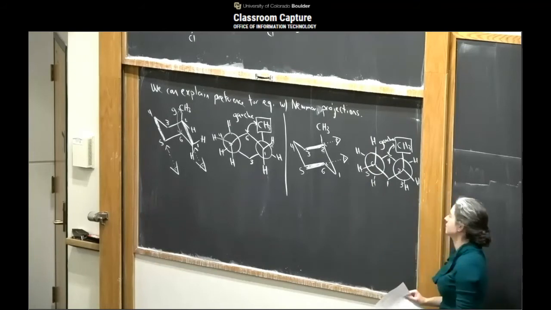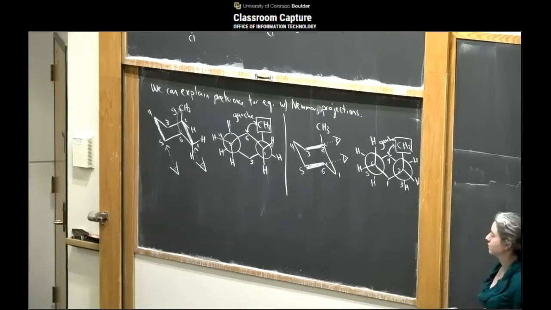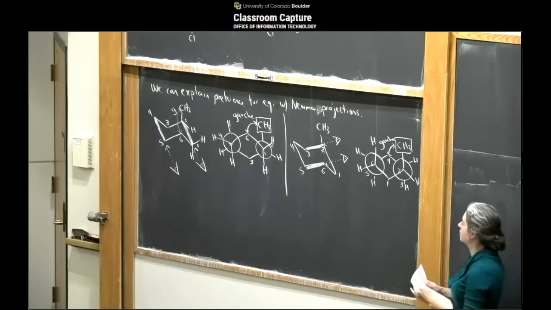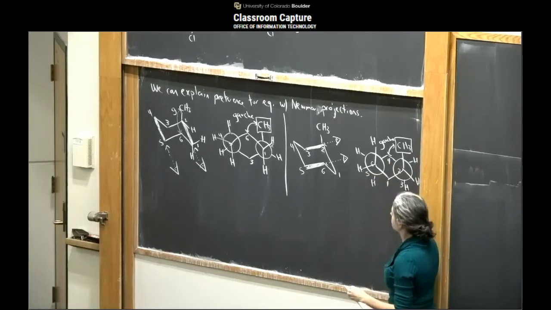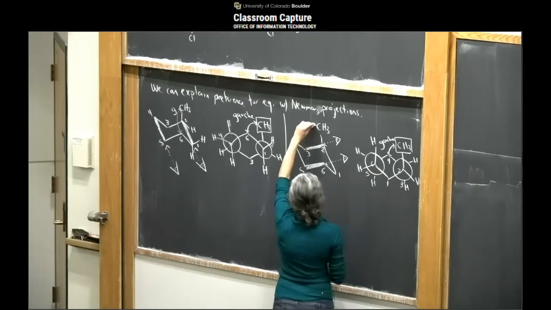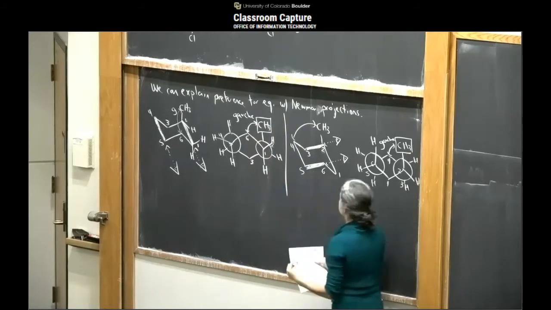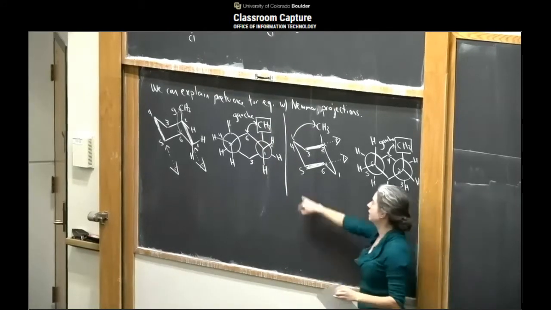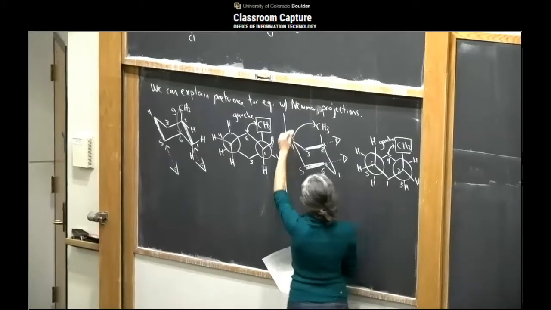It's harder to hold the methyl there because it impinges on the space taken up by one of the ring carbons, carbon number 4. So in other words, the methyl to carbon 4 is another gauche interaction.